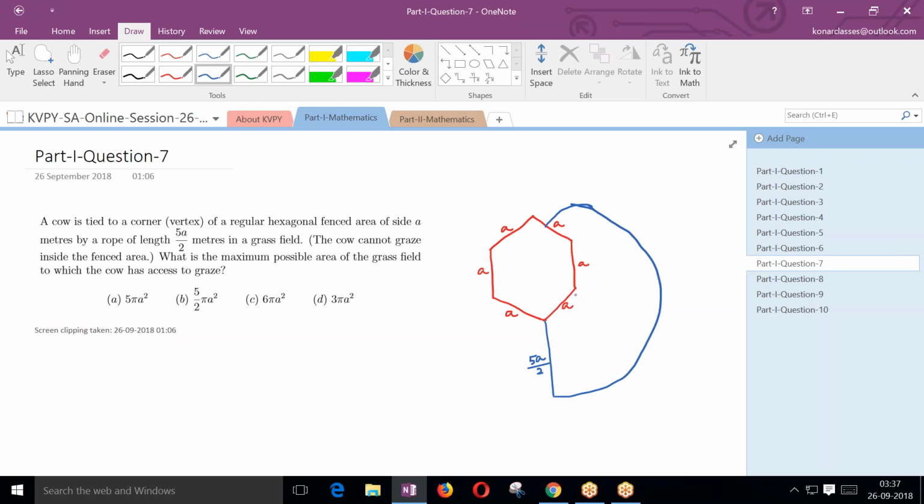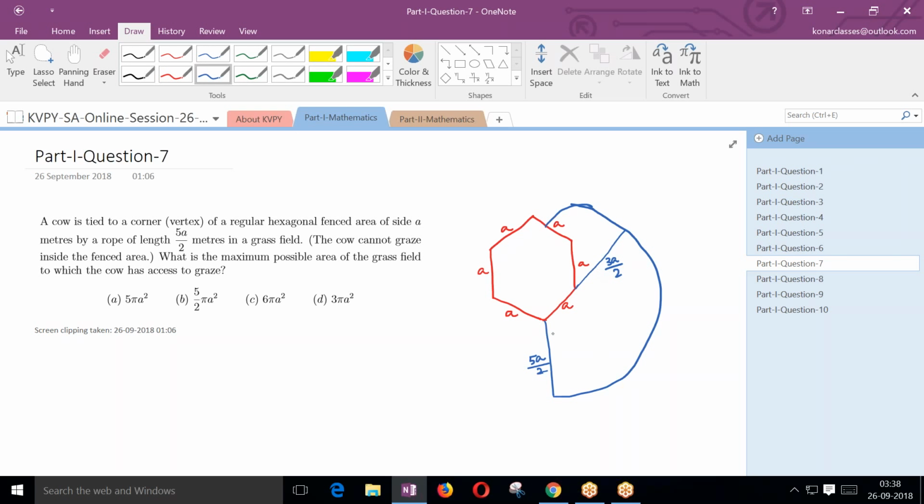Now to do this, as it is A, let us extend this line. Now if this is 5a by 2, this also has to be 5a by 2. So that means this has to be 3a by 2. A plus 3a by 2 is 5a by 2.